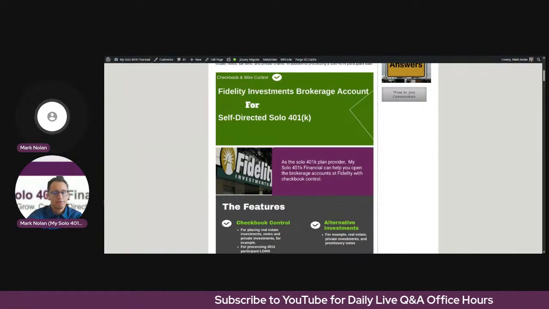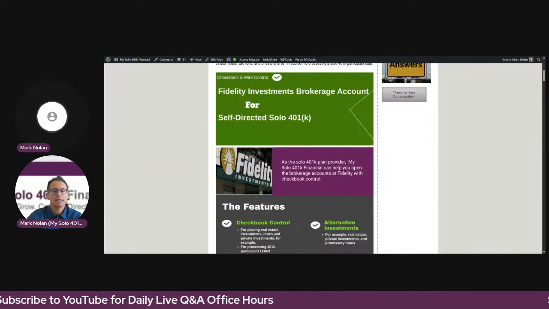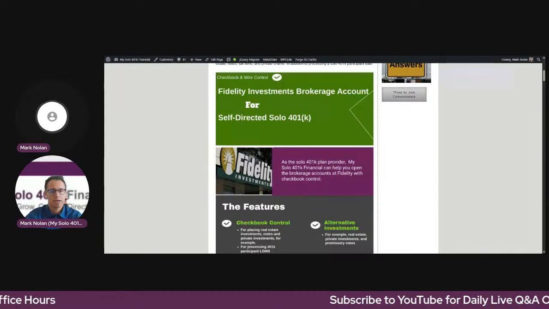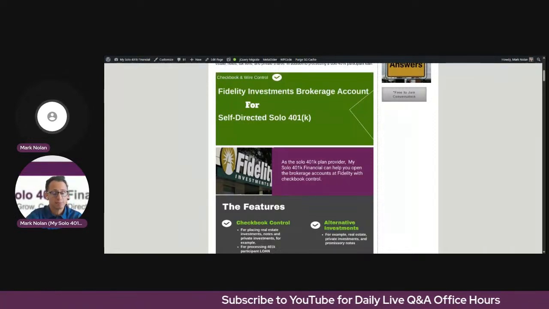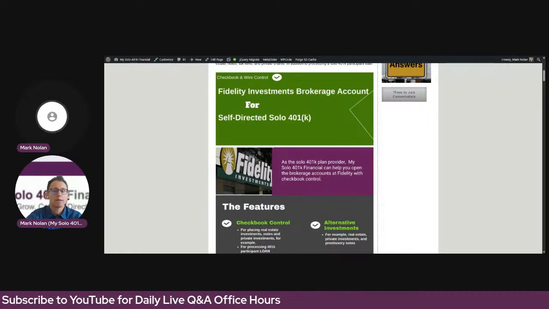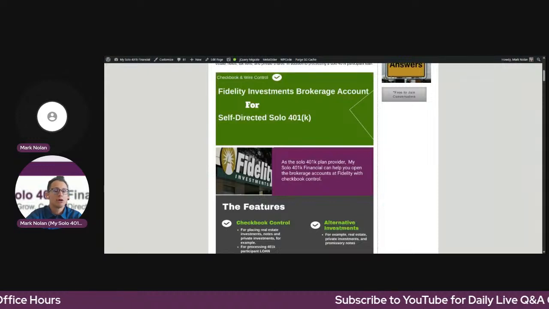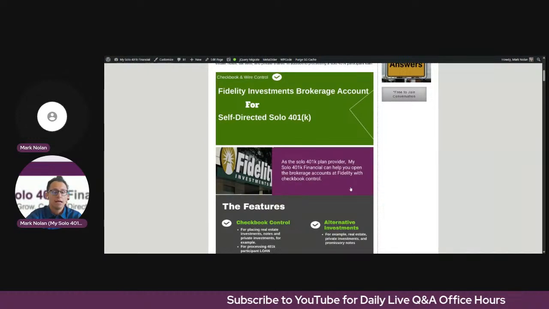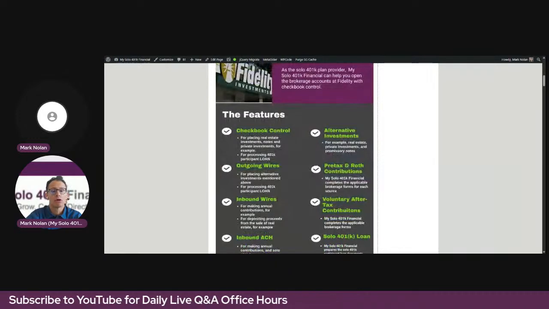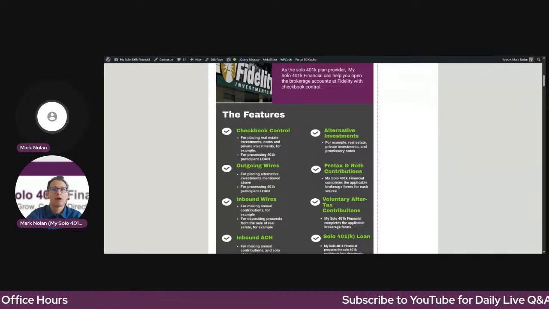So to clarify, Fidelity Investments also offers their own solo 401k plan, which does not allow for solo 401k participant loans. However, Fidelity Investments does provide what they refer to as investment-only non-prototype brokerage accounts for a self-directed solo 401k from my solo 401k financial. And because then my solo 401k financial solo 401k plan allows for solo 401k participant loans, you'll be able to take a loan from it.